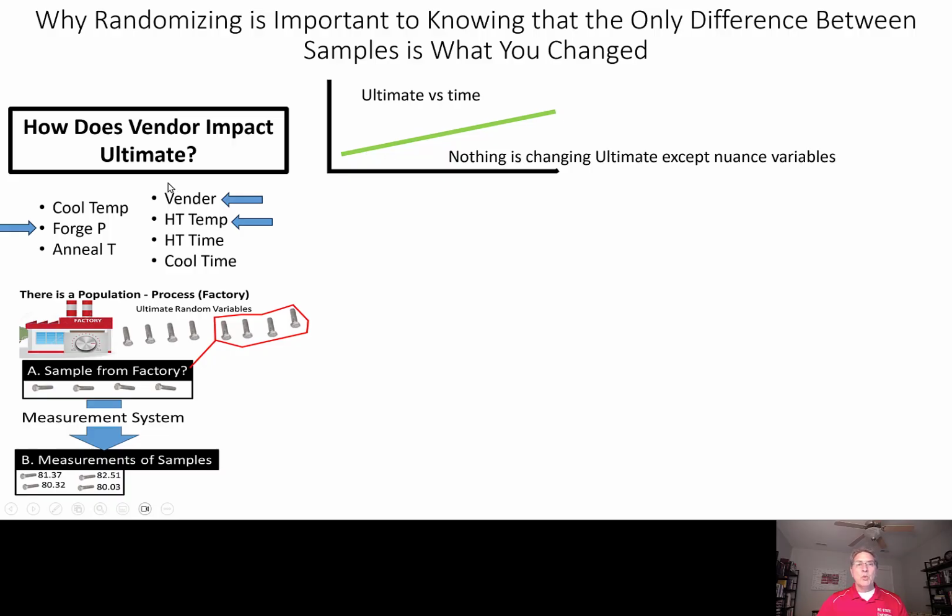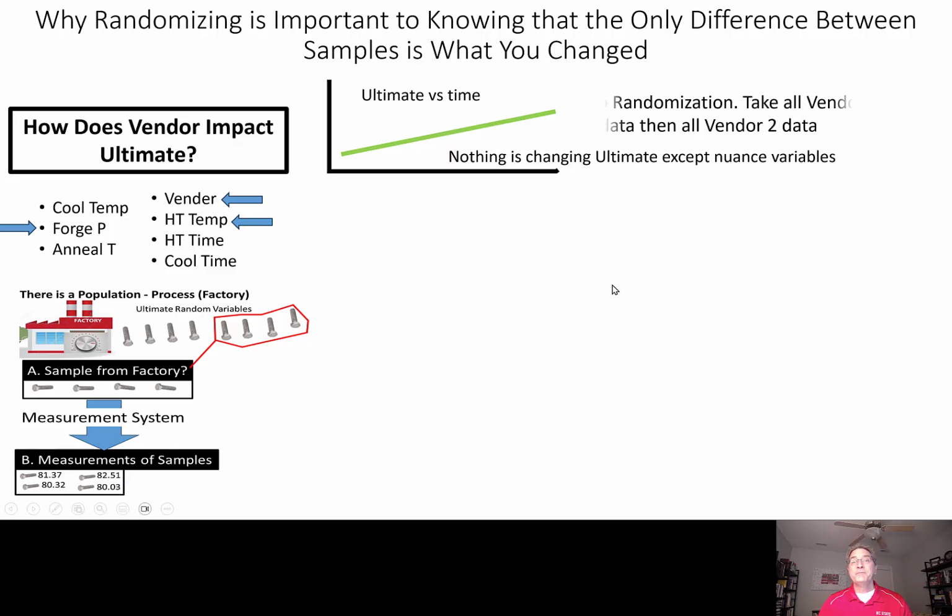What this is graphing is the ultimate up here on the Y, time going across this way, and the thing I want you to get in your head is nothing is making ultimate change except these nuisance variables. So here was ultimate at the beginning of the day. Our ultimate is rising all day just because of these nuisance variables. Could that happen? It absolutely could happen, because remember, there are so many things affecting whatever it is you're measuring.